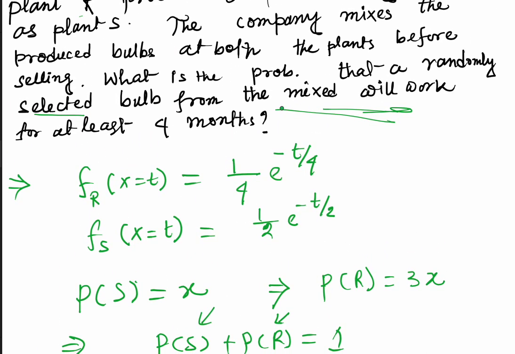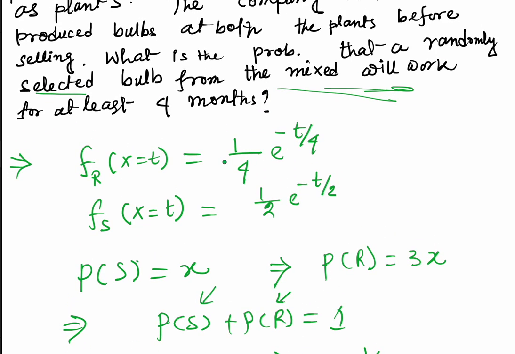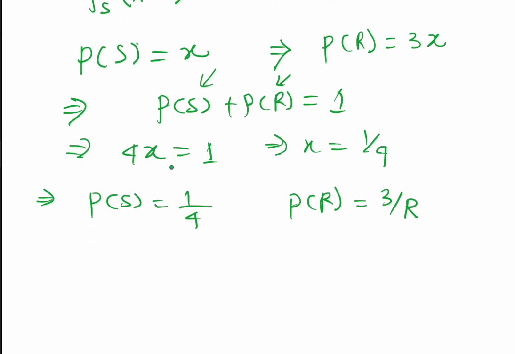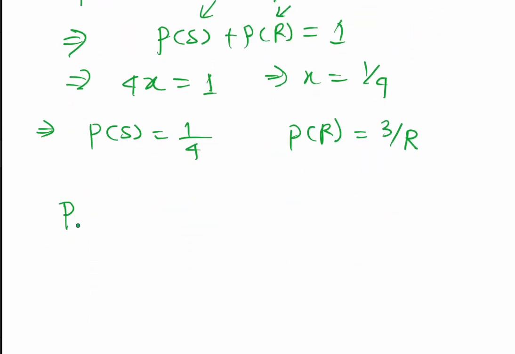Now another thing, let us calculate the probability that the bulb produced from the R plant will work for at least 4 months. So that probability that X is greater than 4 is 1 minus probability of X less than or equal to 4.